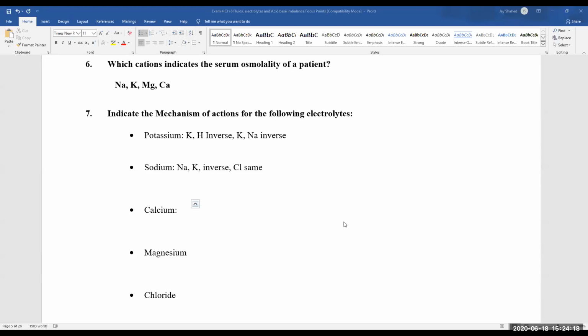According to the chart, sodium and calcium are similar. Let's look. Let me see if I can find it in a second.